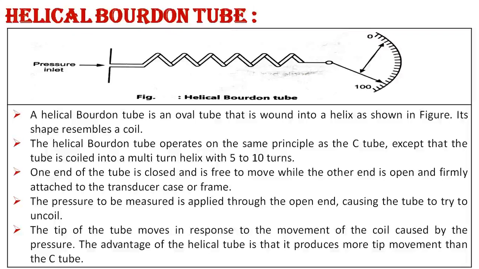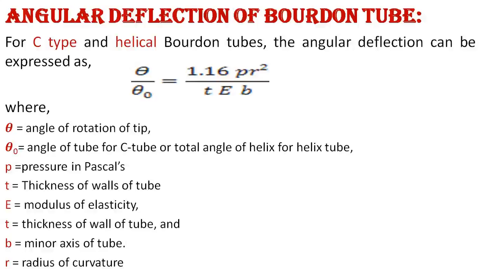The tip of the tube moves in response to the movement of the coil caused by the pressure. The advantage of the helical tube is that it produces more tip movement than the C tube. Now, C-type and helical bourdon tubes have angular deflection.